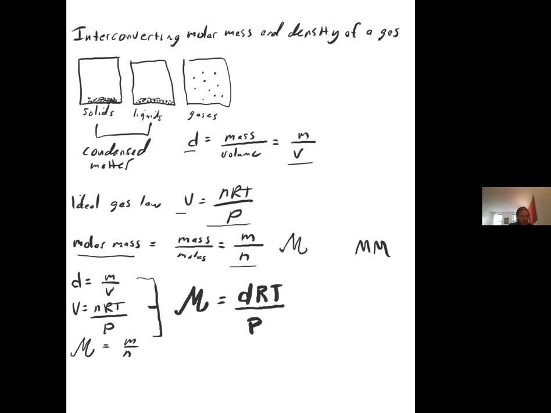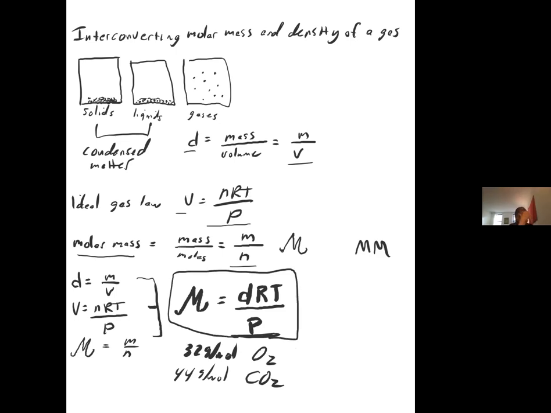So if I found out the molar mass was 32 grams per mole using this equation, then I would know that's O2 because O2 weighs 32 grams per mole. If I got 44 grams per mole, I would know it's CO2 because carbon dioxide weighs 44 grams per mole. So this is a nice equation for figuring out the molar mass and actually the identity of a particular gas based on its density.